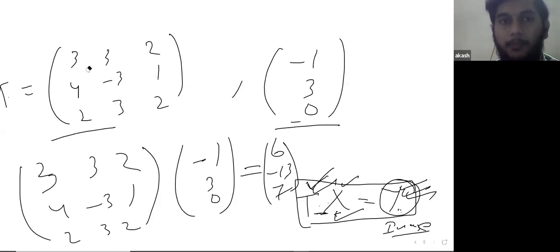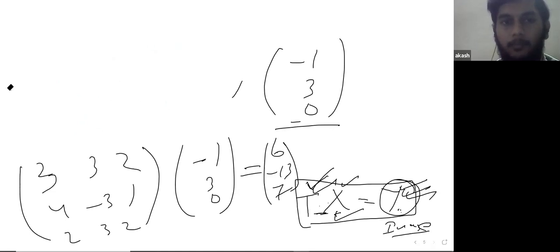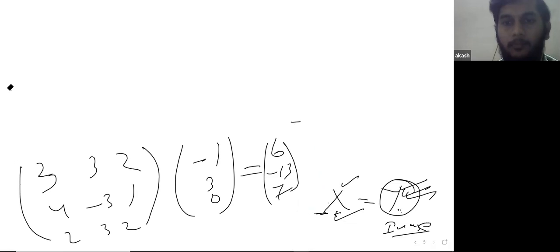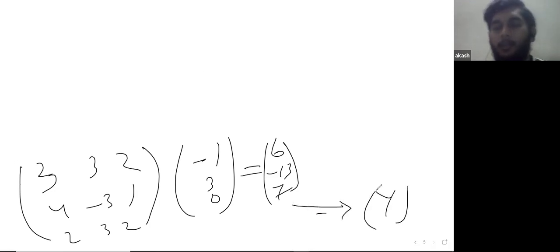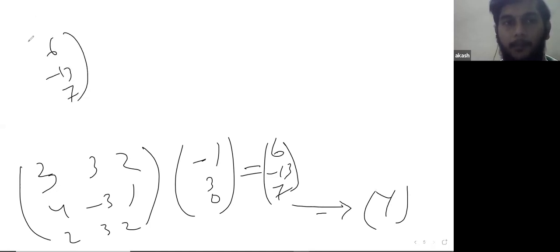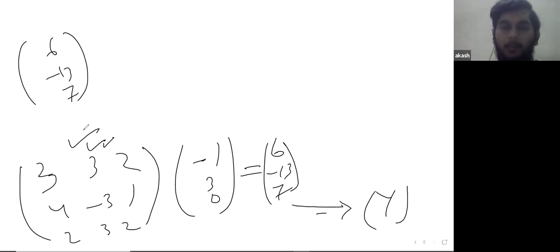If they tell you the image of a point is 6, minus 13, 7, and the transformation matrix is this, find the point that was transformed. They ask you to find X. How are you going to find it? This is very simple.